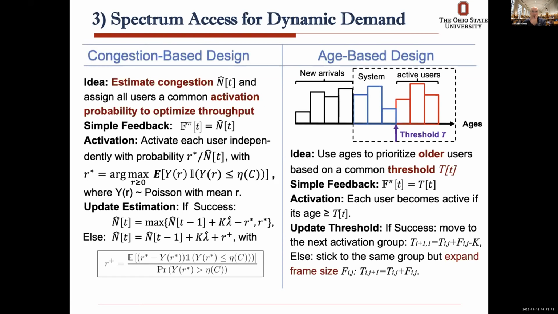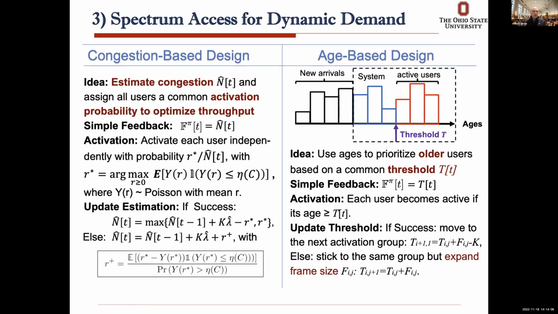This one differentiates the users in terms of their ages, and simply announces a threshold on that age. If the age of the user is above the threshold, it activates, otherwise it doesn't. If there's a success, there's an update rule on the threshold, and if it's a failure, there's another update rule. We've characterized all of this.